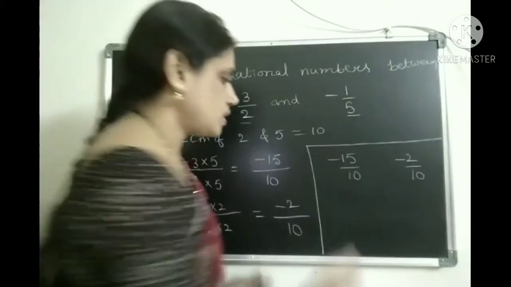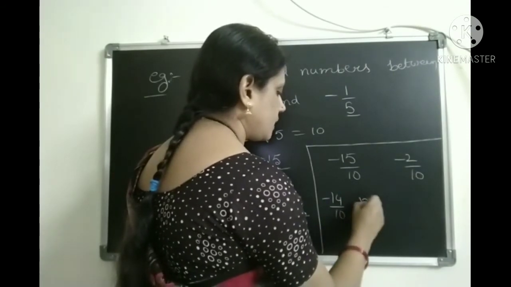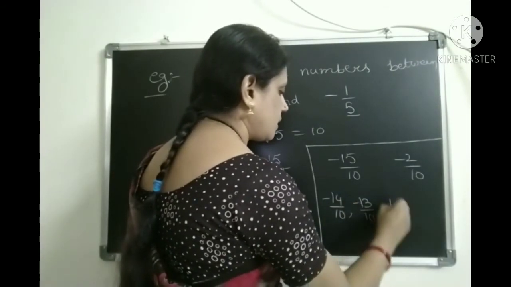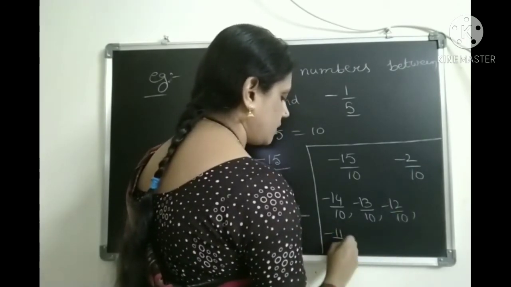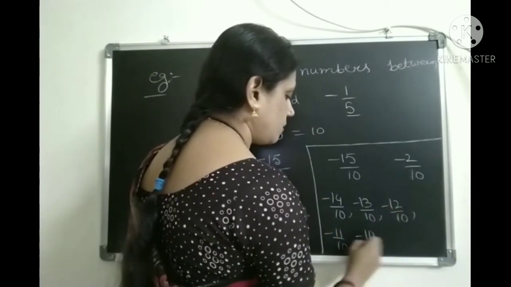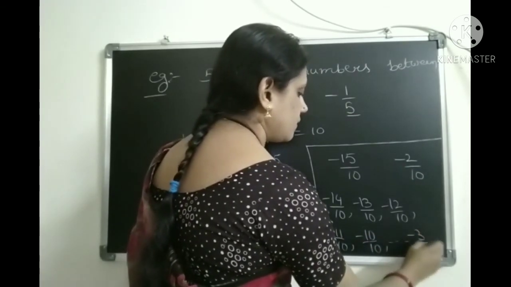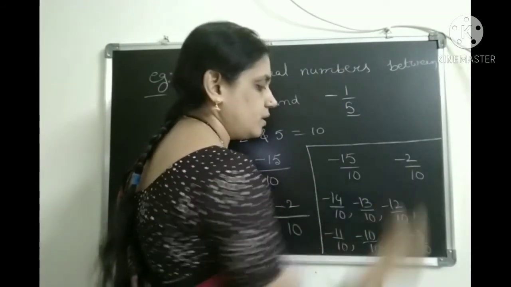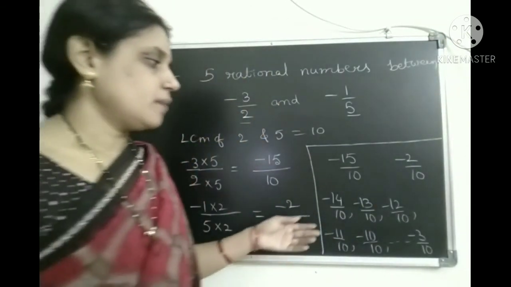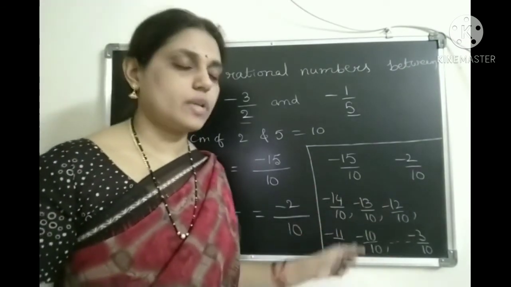So minus 14 by 10, minus 13 by 10, minus 12 by 10, minus 11 by 10, minus 10 by 10, until minus 3 by 10 you can write. After minus 3 by 10, you get minus 2 by 10. So here you can write any 5 rational numbers from these.